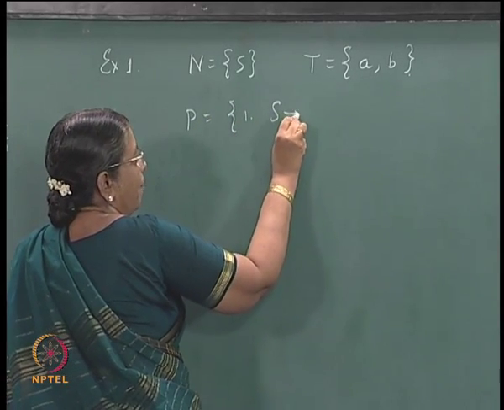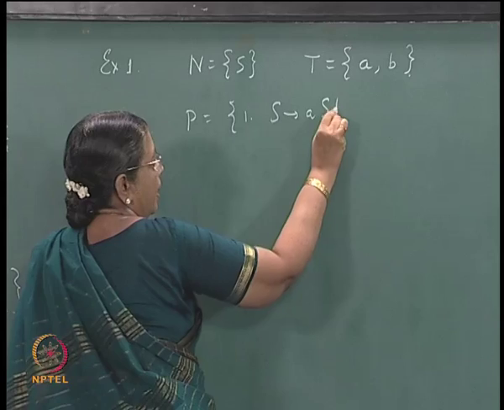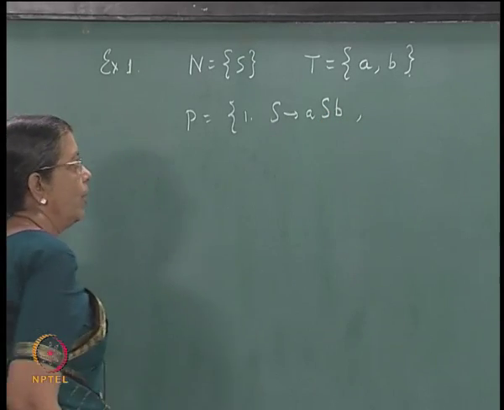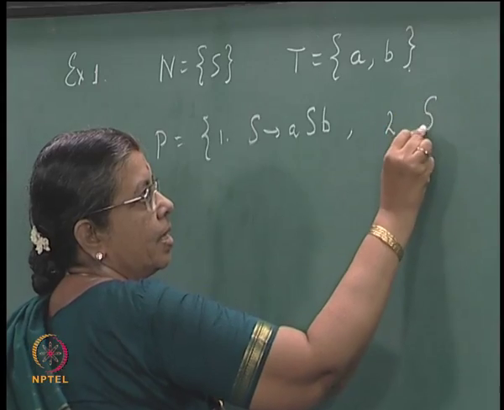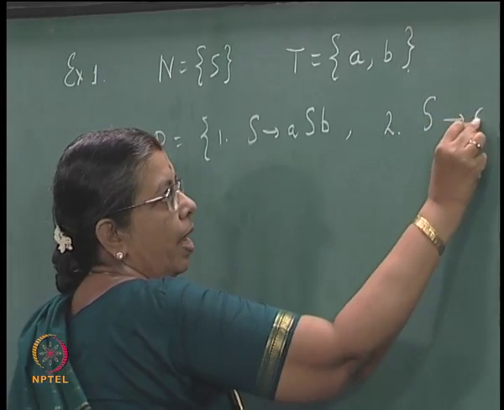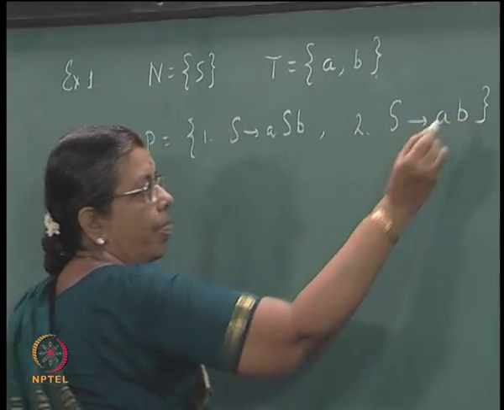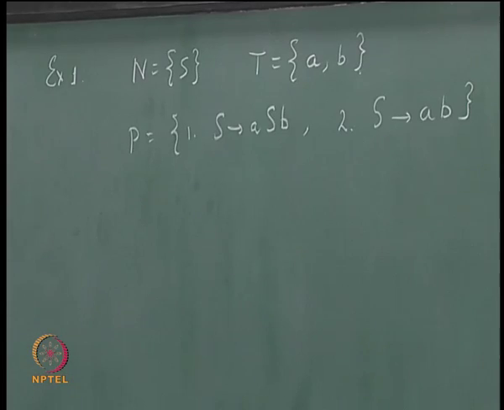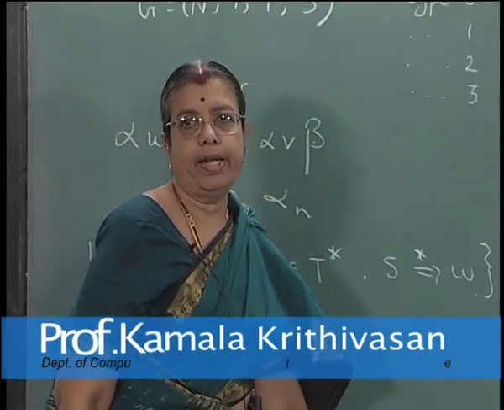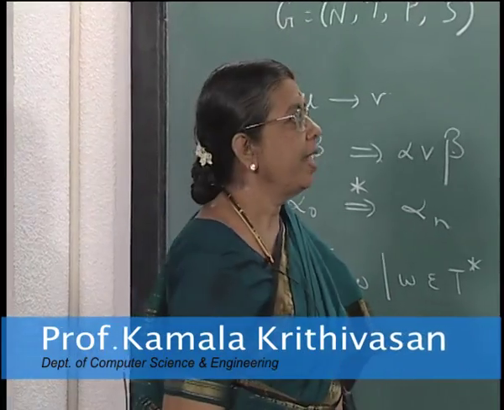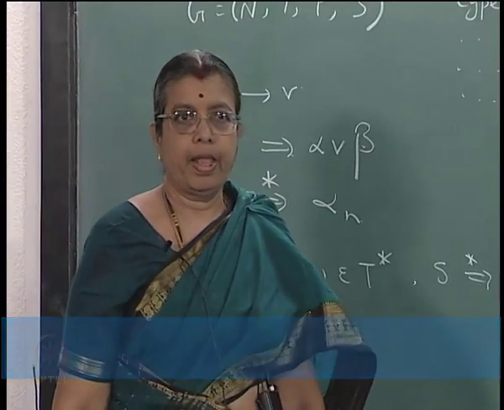I will number them: the first rule is S goes to ASB, the second rule is S goes to AB, and S of course is the start symbol. There is only one non-terminal in this example and that happens to be the start symbol.